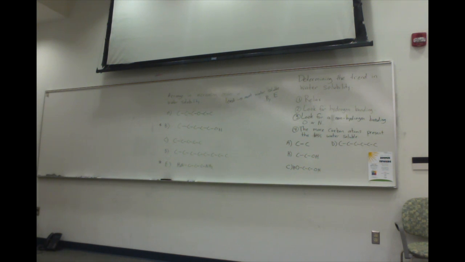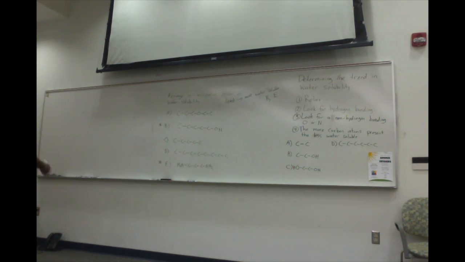Which one's the least water soluble? B? We just did B. I already did B and D, right? D. How would D be the least one if you just said one of the most water soluble? The less carbons. Somebody mentioned B, but you put the star beside B and D already.